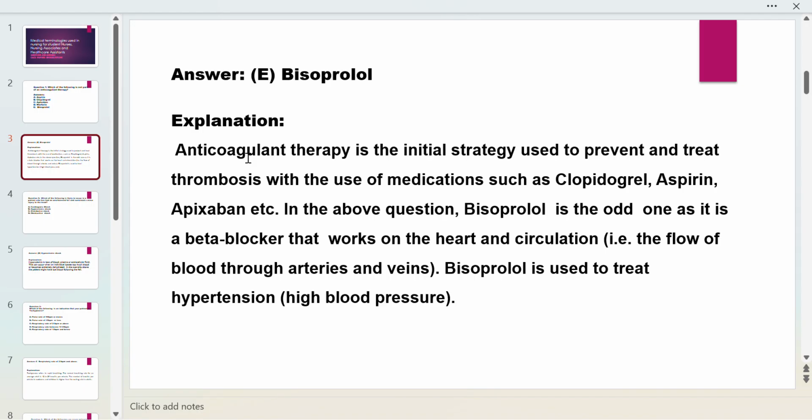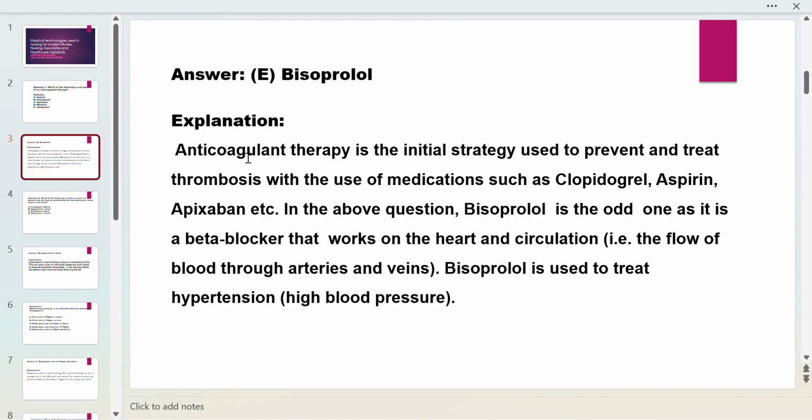The medications clopidogrel, aspirin, and apixaban we've mentioned here are not limited to only these ones. There are a lot of them, but this is what we've mentioned in this particular question.